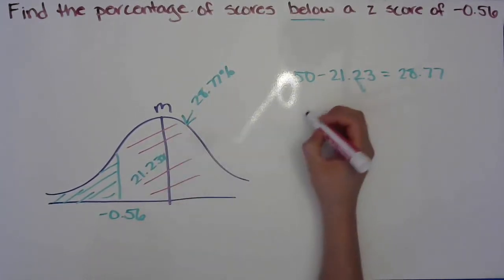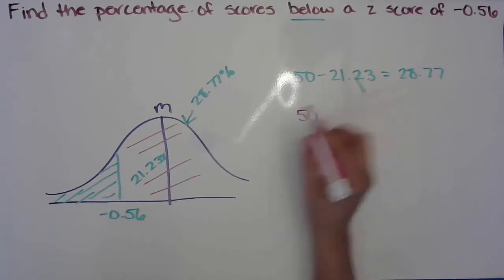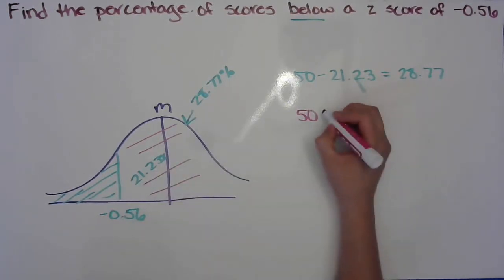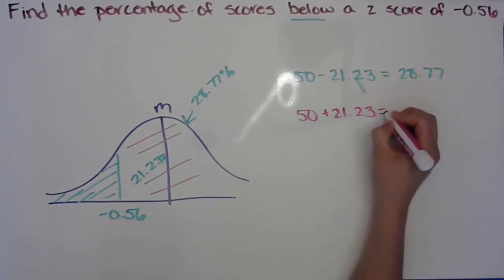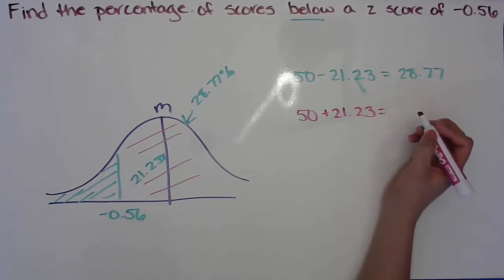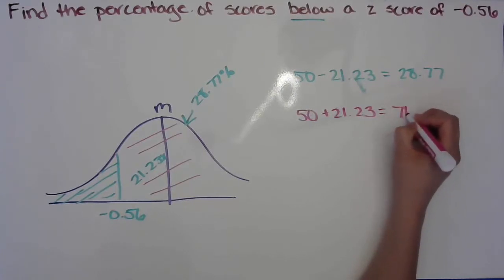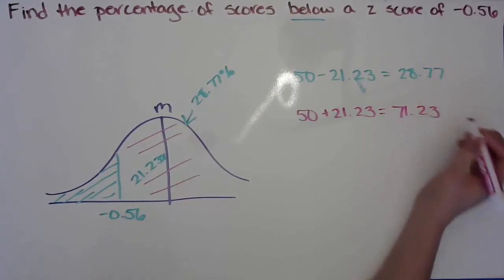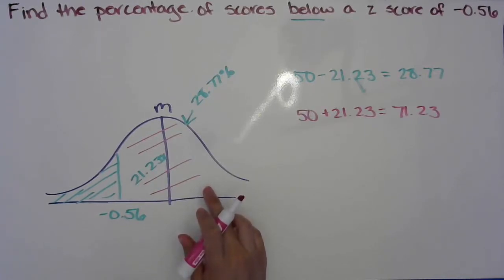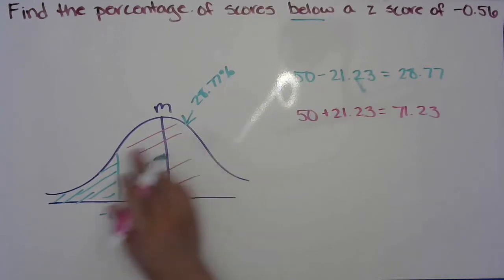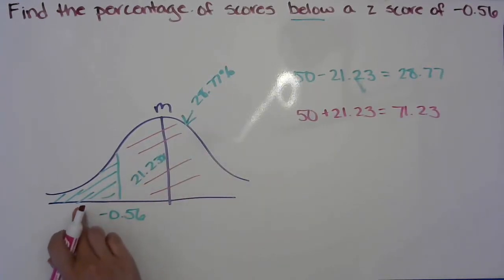Okay, or the other way that we can do it is we can take this whole area here, which this half here is 50. We're going to add that to this percentage here, which is 21.23. That is going to give us 71.23. Now we take this amount here, which is the 71.23, and subtract it from the entire curve, and that's going to give us the remnants over here.